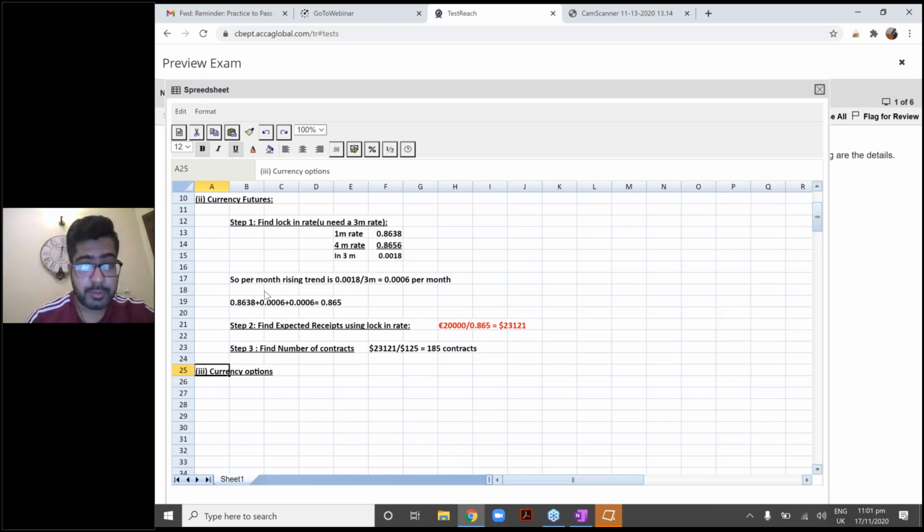Now currency options. Firstly, is it a case of receipts or payments? It's a case of receipts.